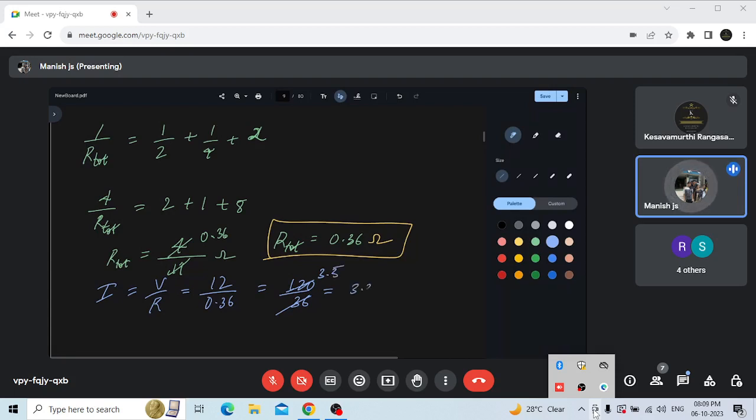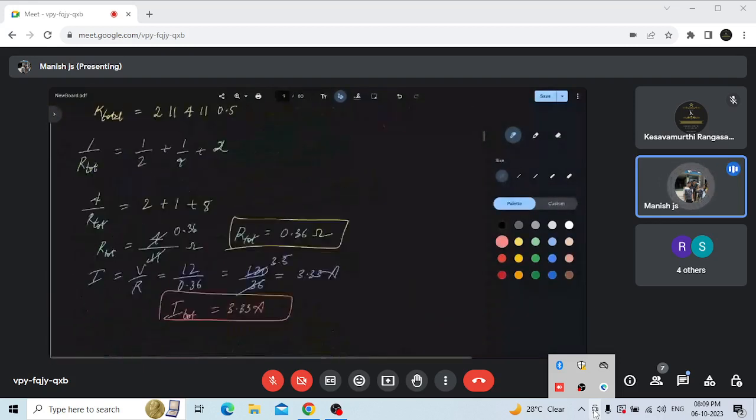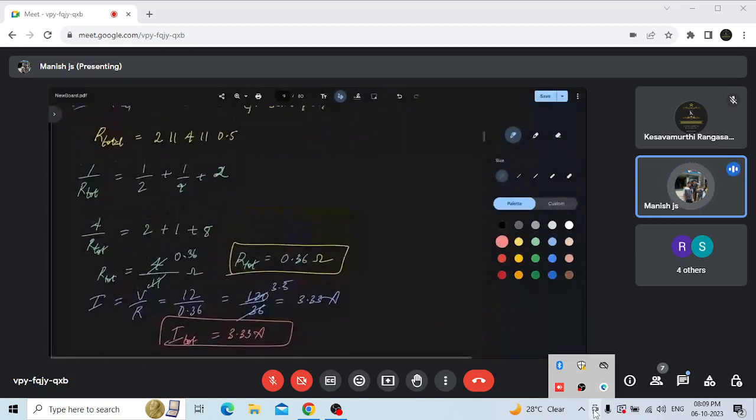So 3.33 amps. So we have clearly found the total current as 3.33 amperes. That's it. So that's the answer for the second part. Current is 3.33 amperes.